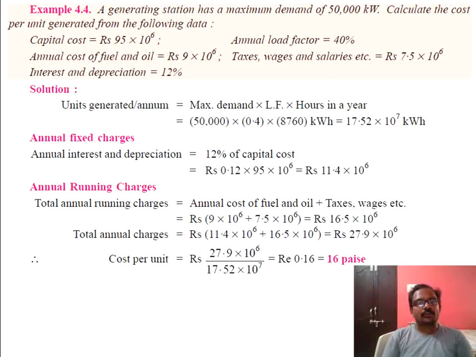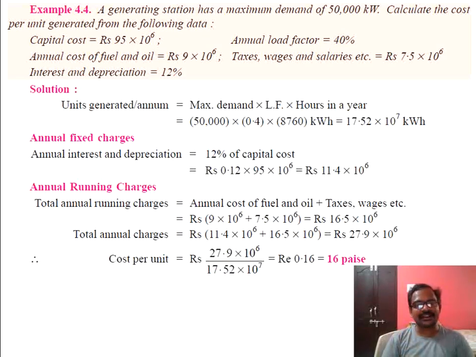So 12% means 12 by 100, which is 0.12 into 95 into 10 to the power of 6, which will be 11.4 into 10 to the power of 6 rupees, the annual interest and depreciation paid to the bank, which is nothing but the fixed charges.